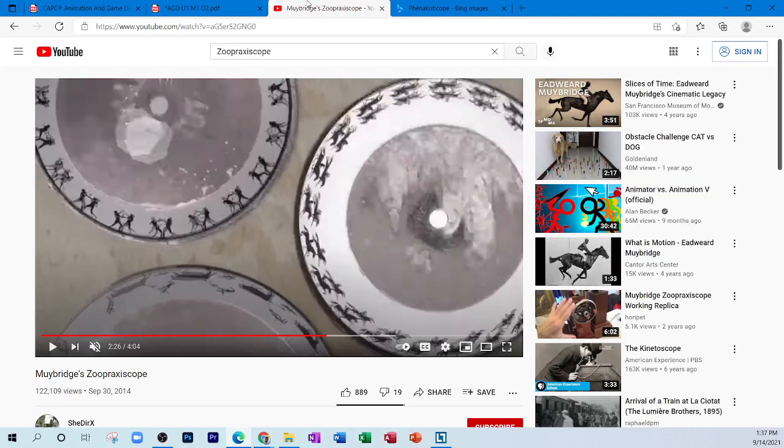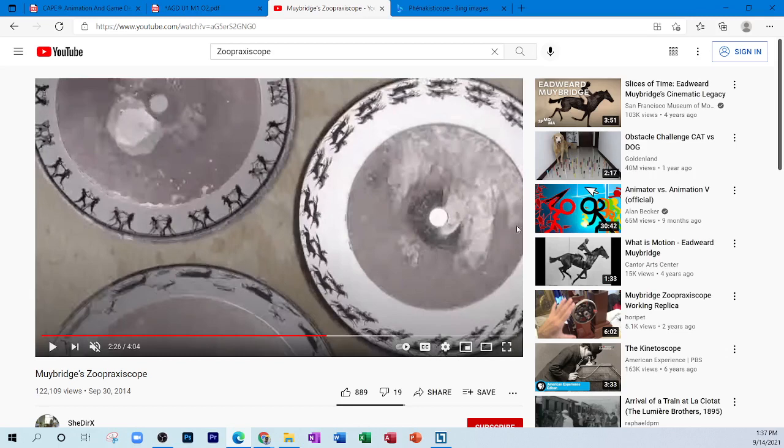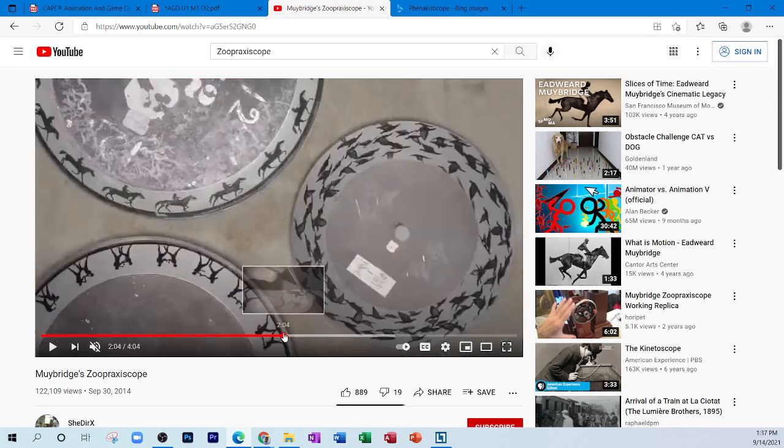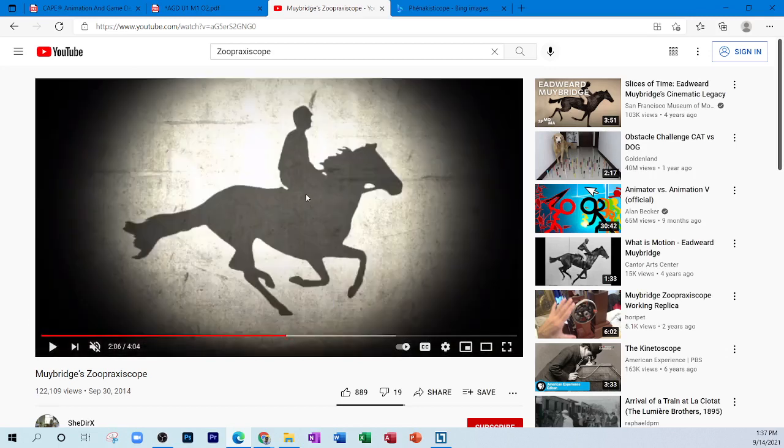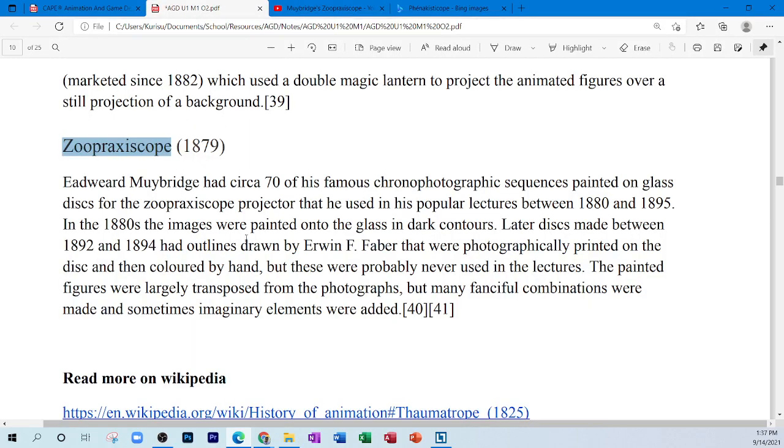Oh, that one is a projector. So he painted on the glass, and more than likely he shined a light through it. That's why it's being shown like this here. Yeah, he shined a light through the edge, and that would have been reflected on a surface. And while he spun the disc, it would have given you the illusion of movement, hence animation.